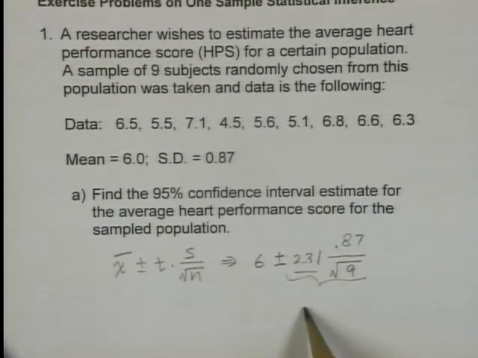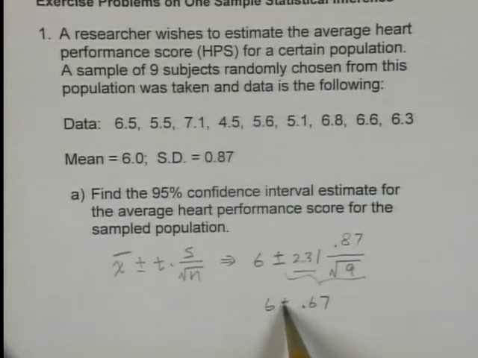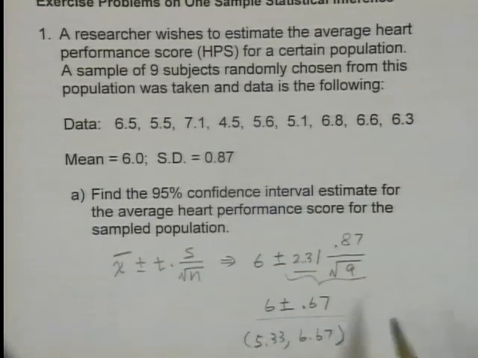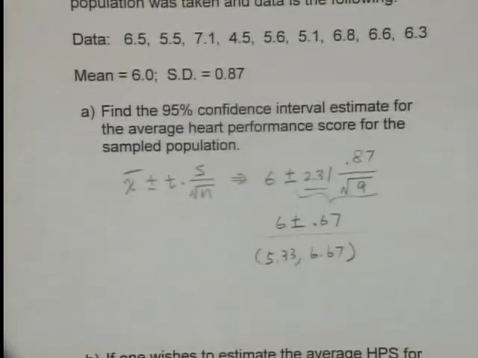This part is about 0.67. So you have 6 plus or minus 0.67, and that's your confidence interval. You can convert it to 5.33 and 6.67 as the 2 endpoints. So you finish your problem. That's very simple, right?